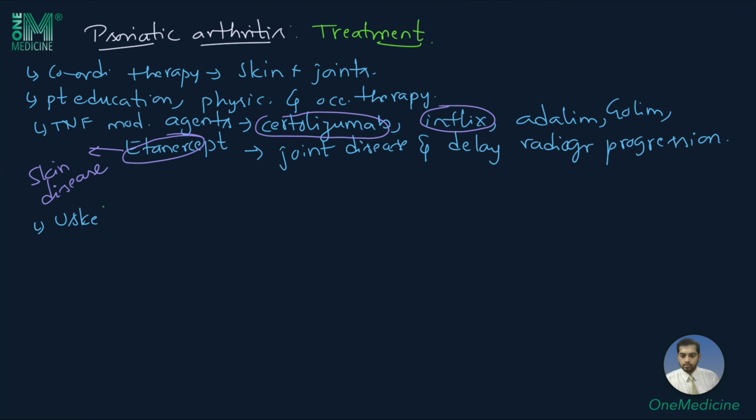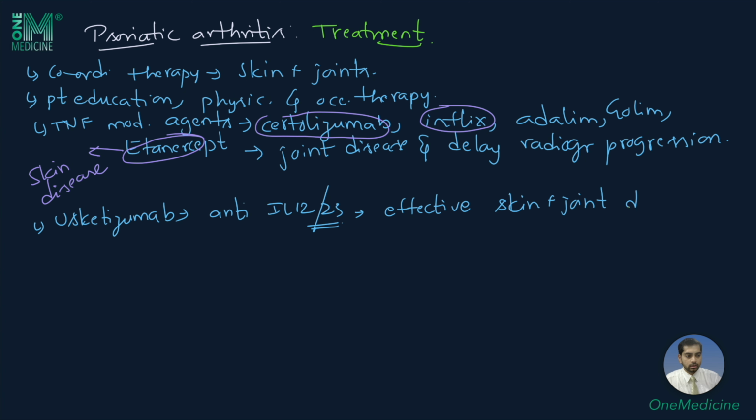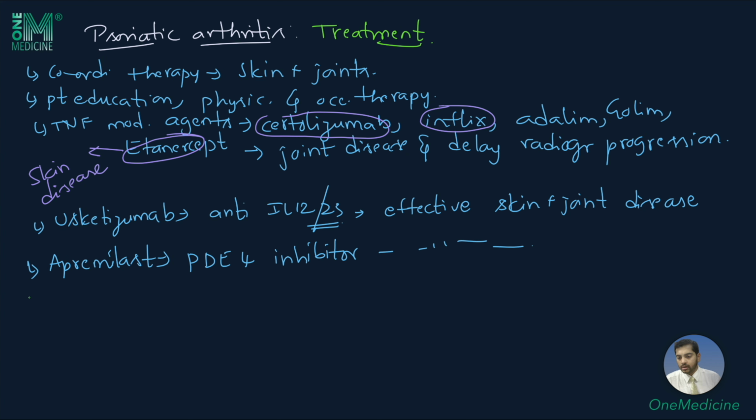Ustekinumab, which is an anti-IL-12 and 23 antibody, also is effective against both skin and joint disease. Apremilast, which is a phosphodiesterase 4 inhibitor, also is effective in both skin as well as joint disease.